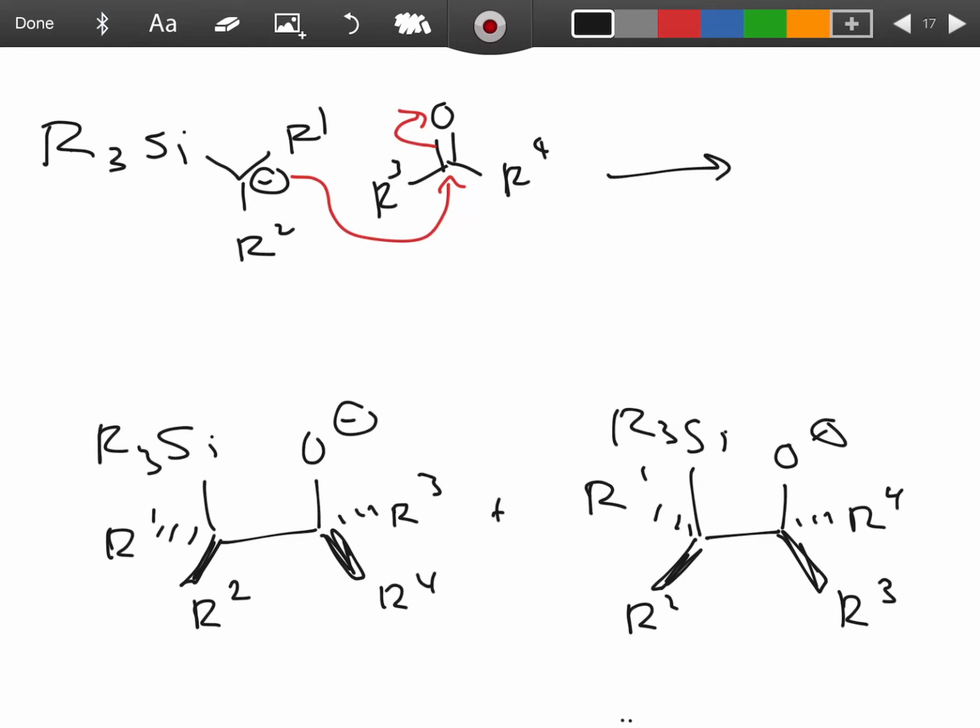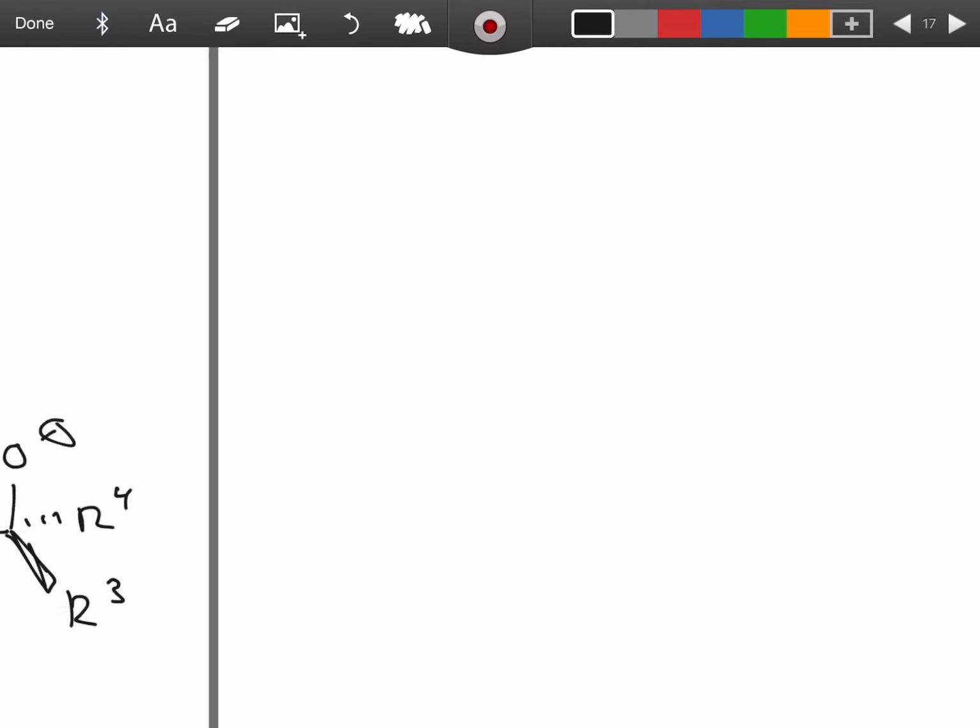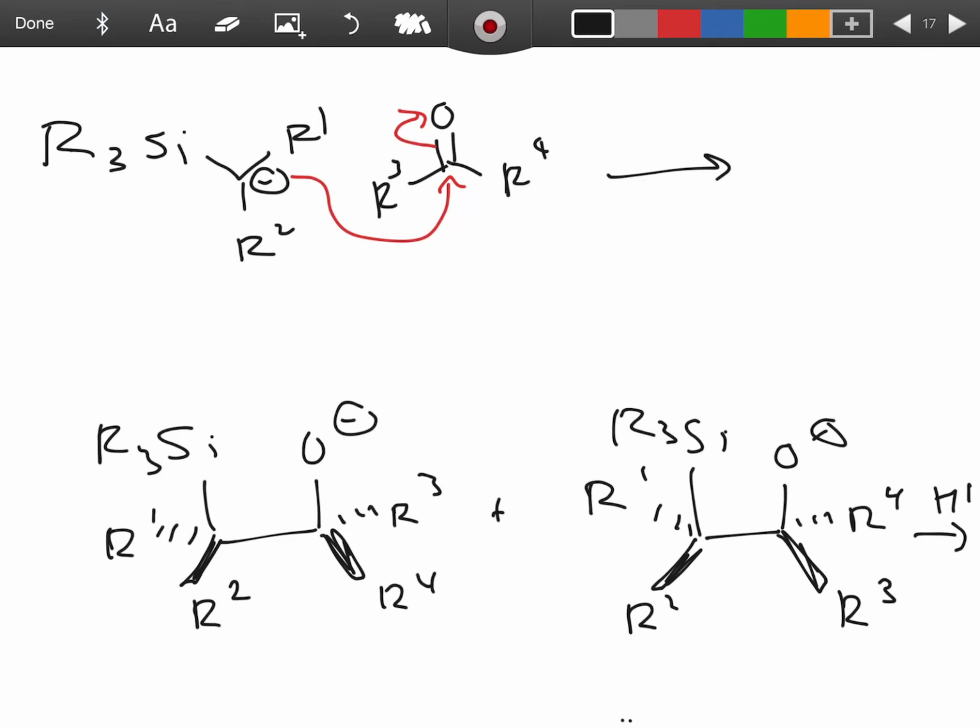And then you're going to add some sort of acid to this, H+, just to quench your reaction, to get something you can isolate.